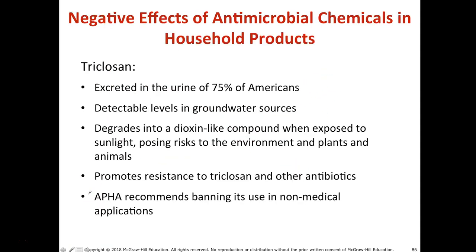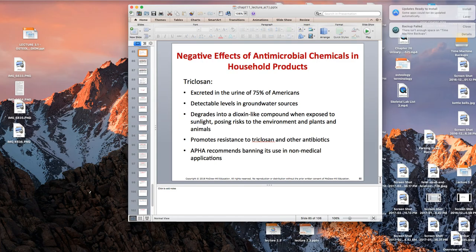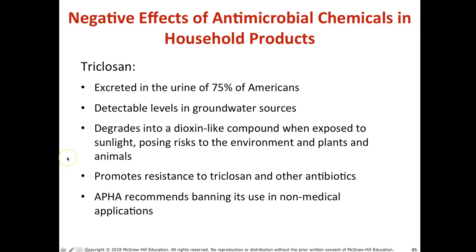But I do want to talk about these negative effects of triclosan. We mentioned this before. We are seeing in a research study that this triclosan is excreted in the urine of 75% of Americans.